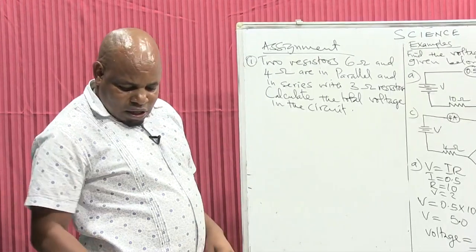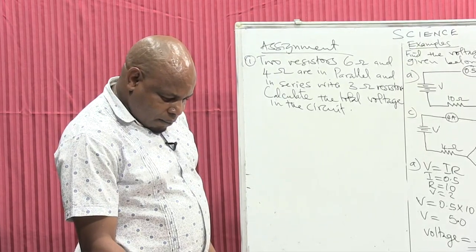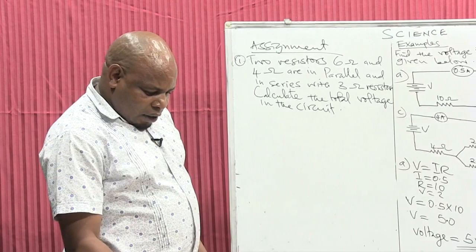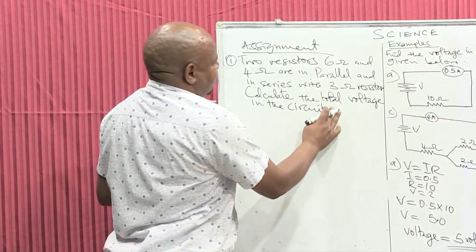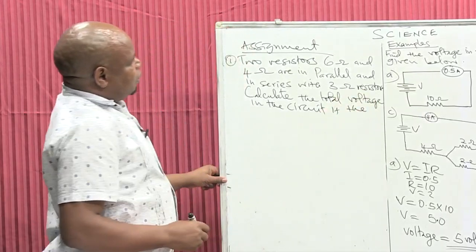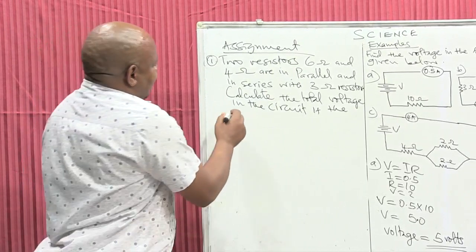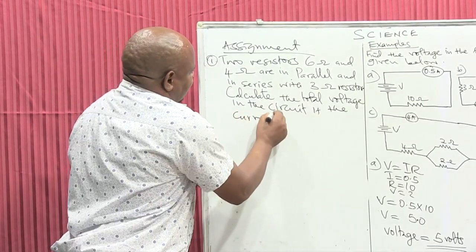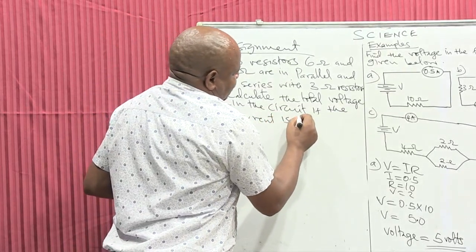Calculate the voltage in the circuit if the current is 3.